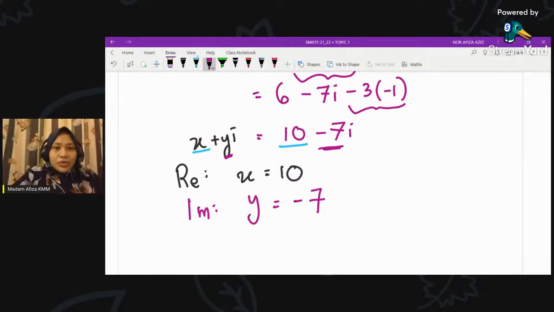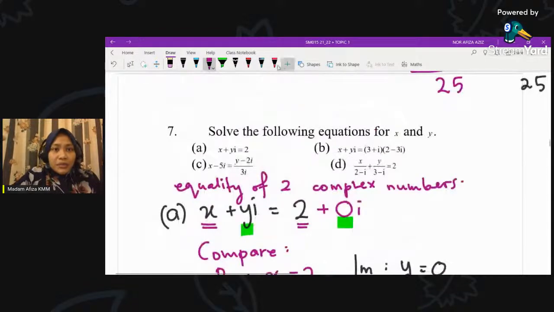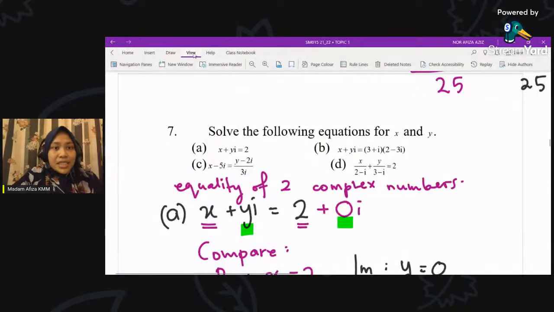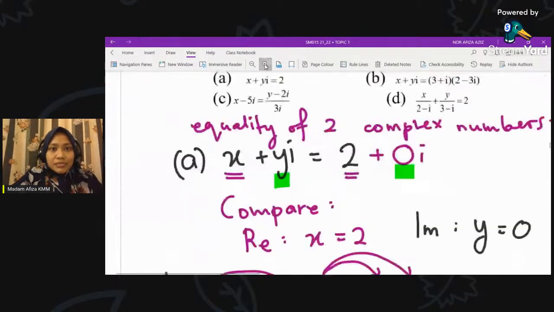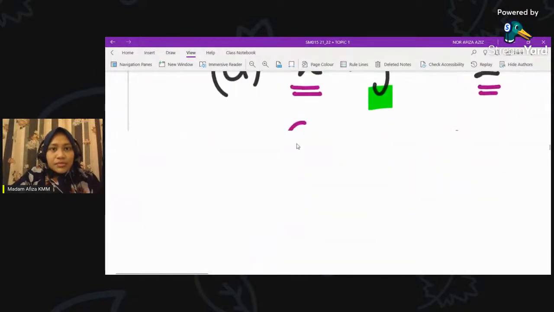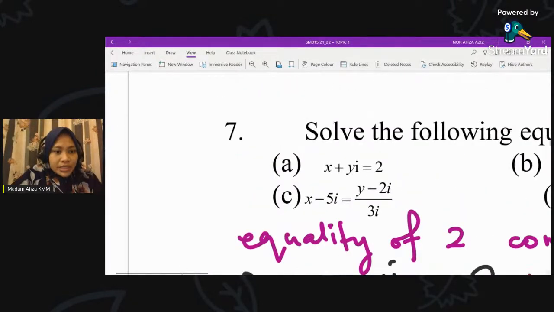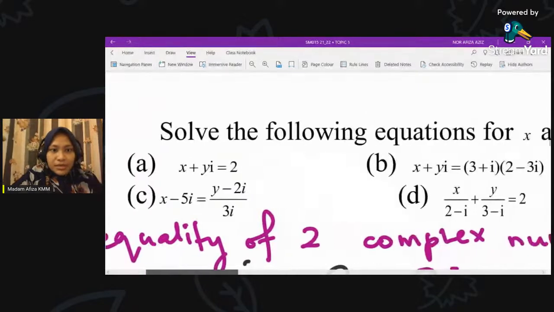Okay, so I want you to try question C and D, if you can see. I hope you can see it clearly over here.